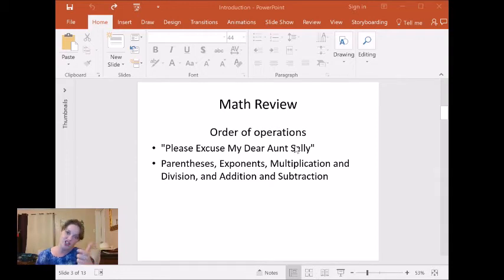Then multiplication and division. They're actually the exact same mathematical operation. If you remember from multiplying fractions, if you're ever having to divide fractions, you just flip the second one over, and then you can just multiply. Multiplication and division are essentially the same thing.